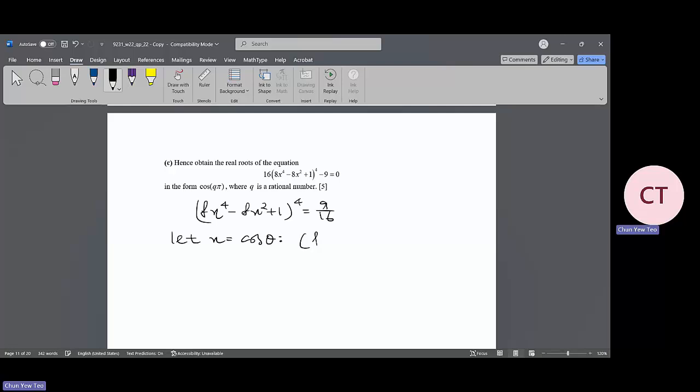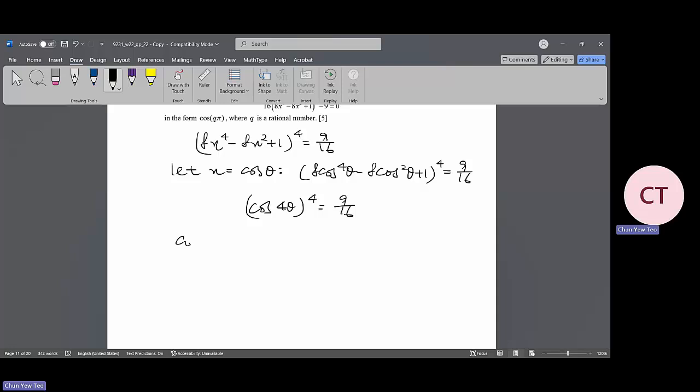So you will get (8 cos^4 theta minus 8 cos^2 theta plus 1) to the power of 4 is equal to 9 over 16. So that means this one is cos 4 theta to the power of 4 is equal to 9 over 16.